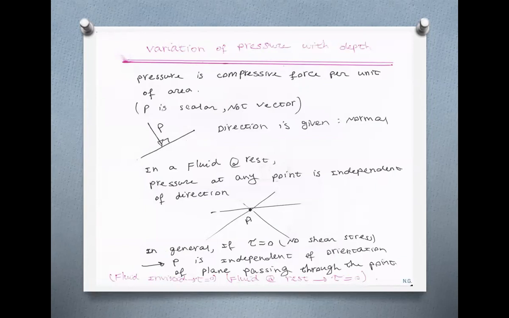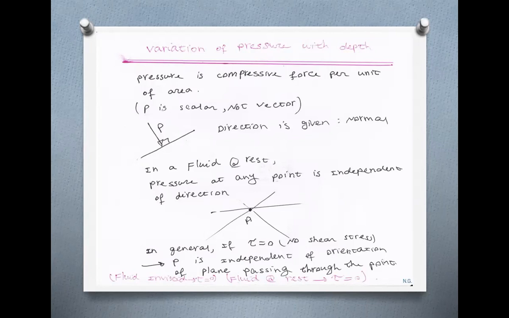As the dimension of this fluid element approaches 0, it becomes like a point, the very same point A. So the pressures on the top, bottom, right, left, front, and back surfaces become pressure at point A on different surfaces you pass through A.